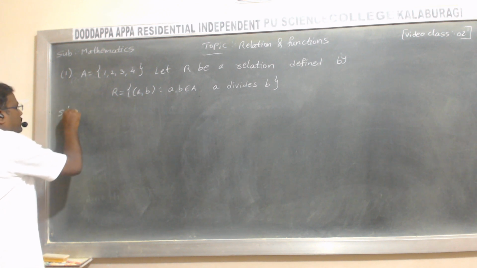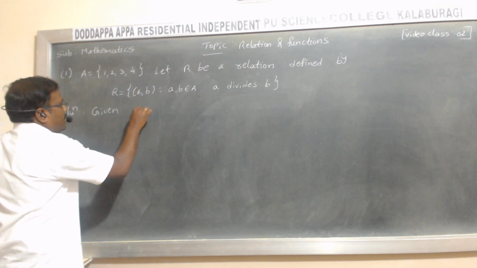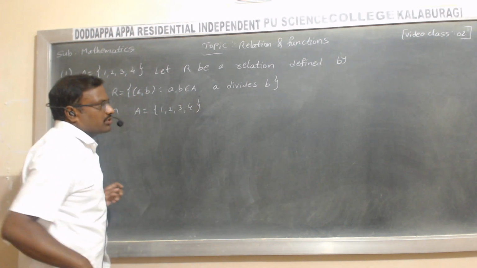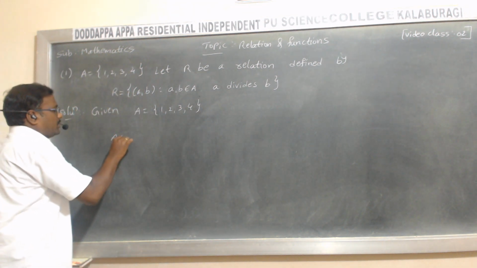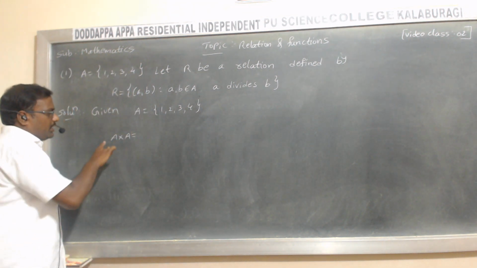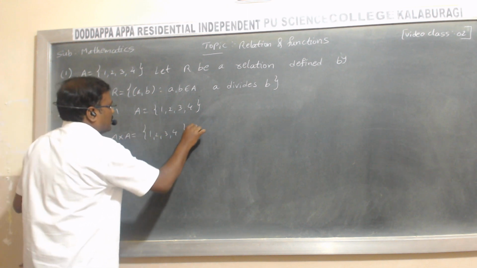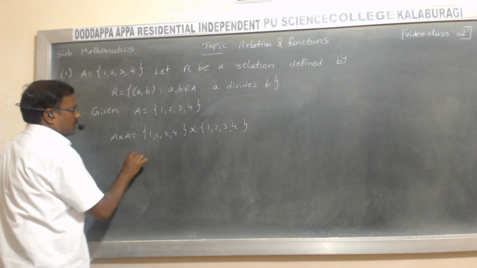See here, first you can write the given value. A is equal to the set {1, 2, 3, 4}. First of all you have to find the Cartesian product A cross A, which is {1, 2, 3, 4} cross {1, 2, 3, 4}.